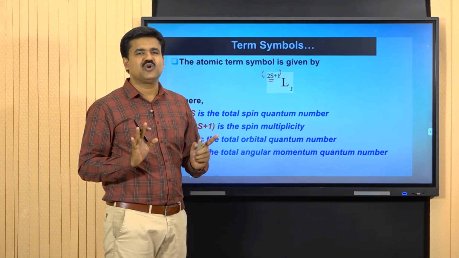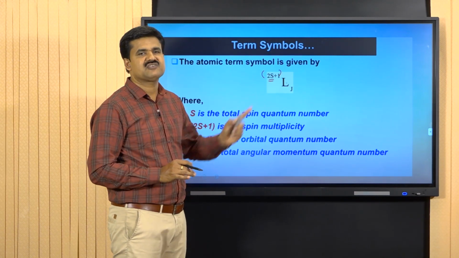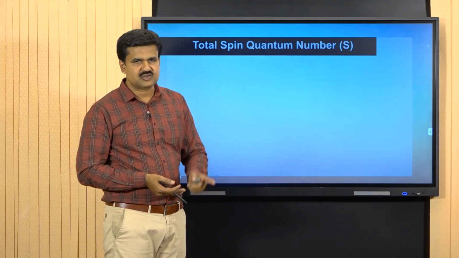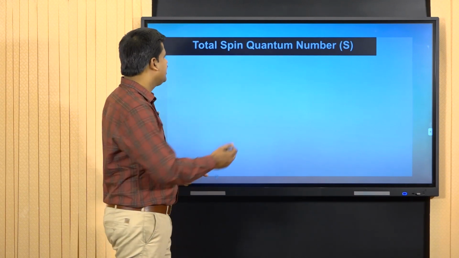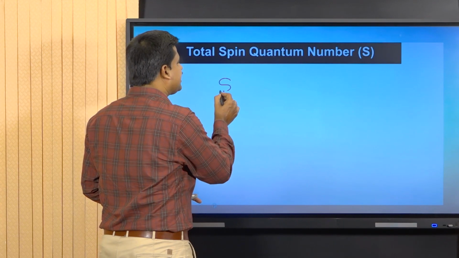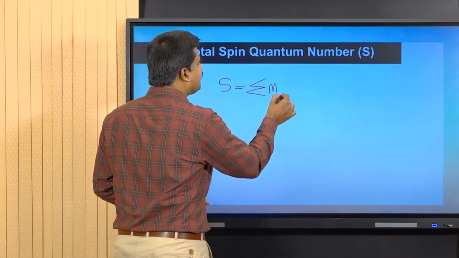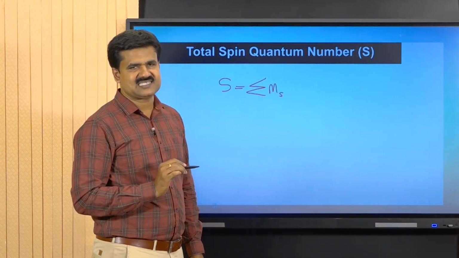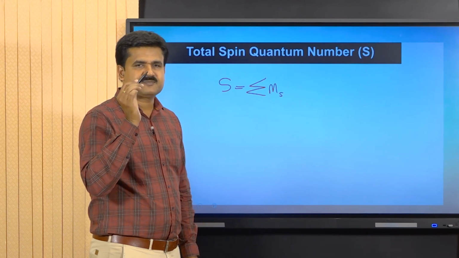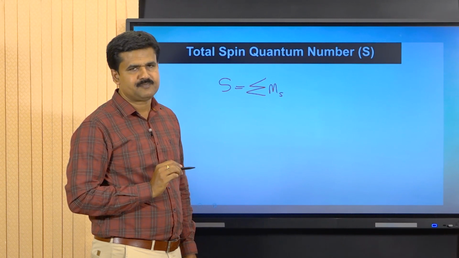Now, we can move on to details of each and every term that appeared in the expression for the term symbol. First of all, the total spin quantum number S. The total spin quantum number S, or capital S, is given by sigma ms, where ms represents the spin quantum number of unpaired electrons present in the system.